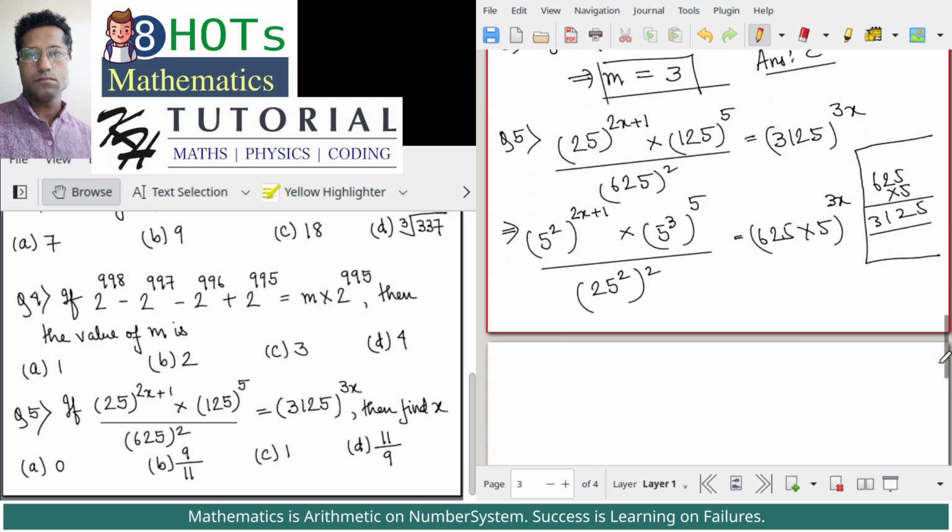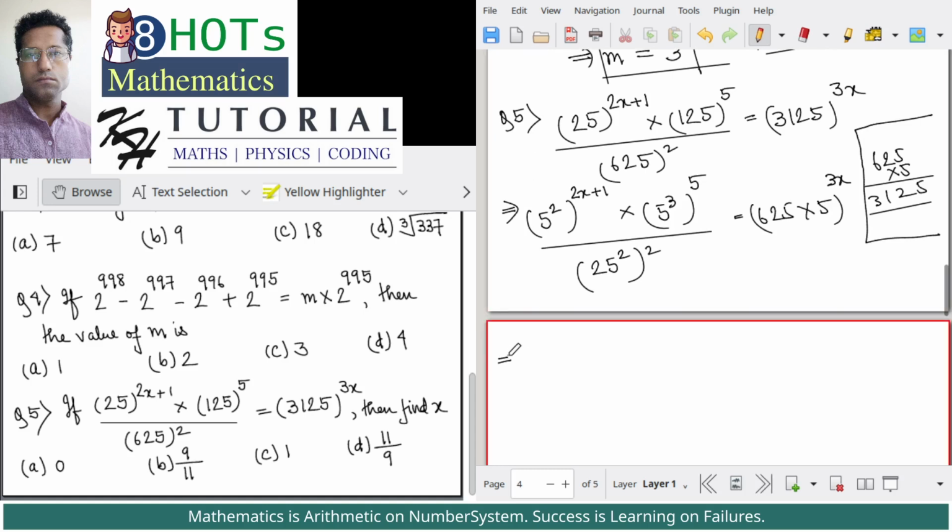Okay, we have this. So it is all about applying the laws of exponents correctly and without any silly mistake. So 5 square whole raised to the power 2x plus 1 will be 5 raised to the power 2 into 2x plus 1, multiplied by 5 cube raised to the power 5, which means 5 raised to the power 15.